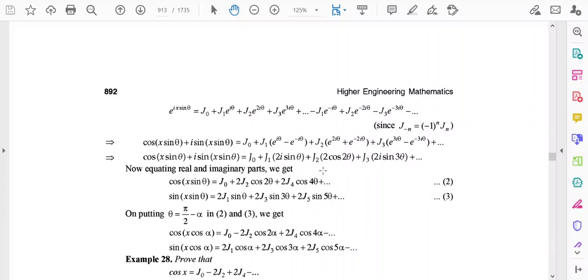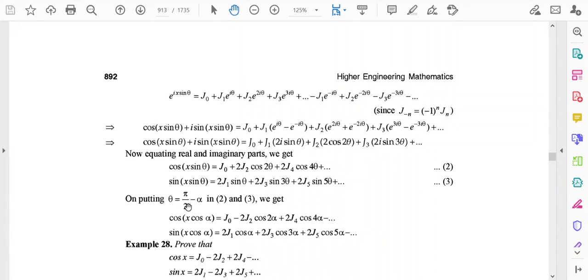So equating real and imaginary parts, we can write that cos of x sin theta is equal to j0 plus 2j2 cos 2 theta plus 2j4 cos 4 theta, and sin of x sin theta is equal to 2j1 sin theta plus 2j3 sin 3 theta plus 2j5 sin 5 theta, and so on.